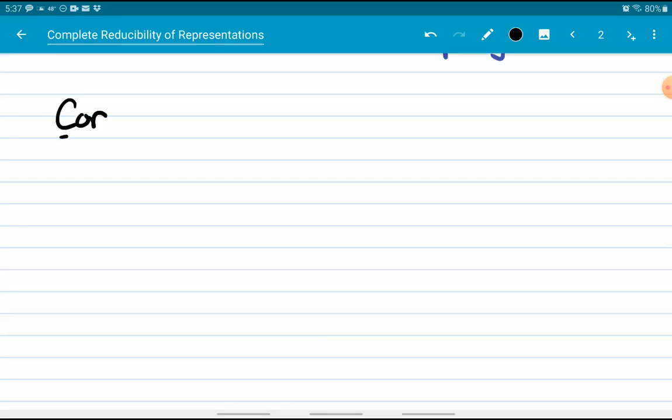Let me note a consequence for matrix representations.